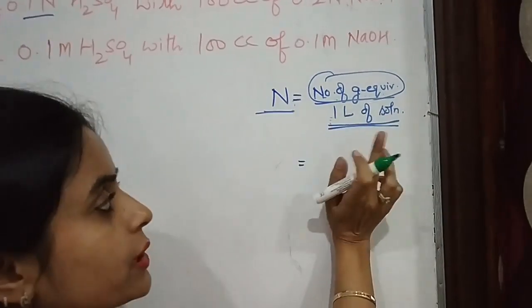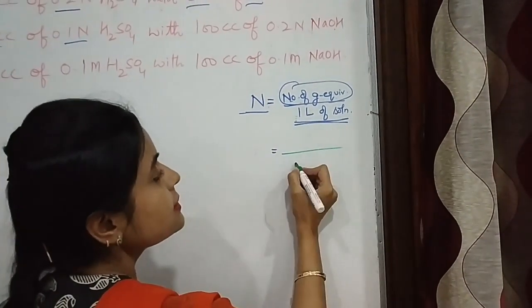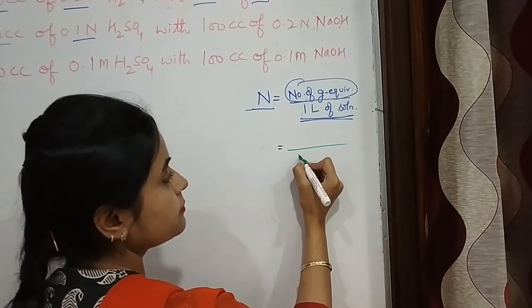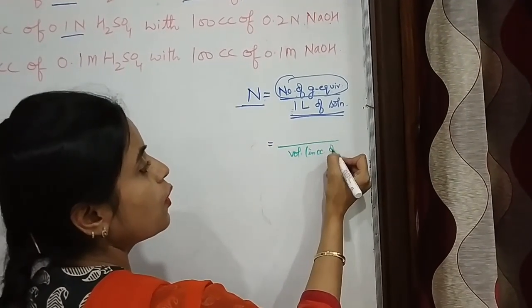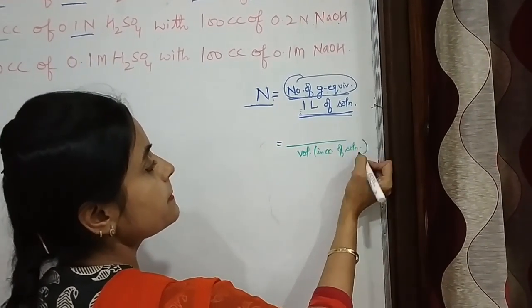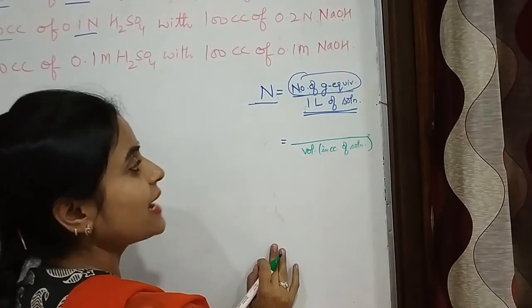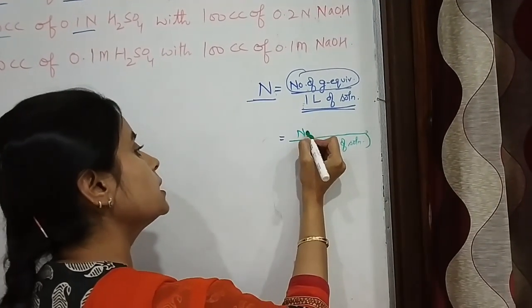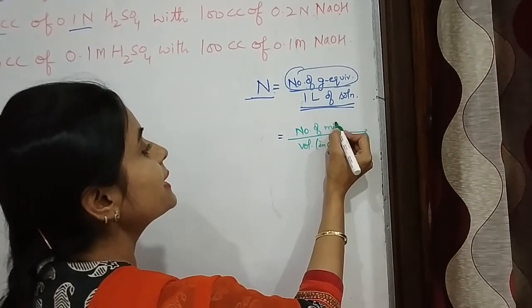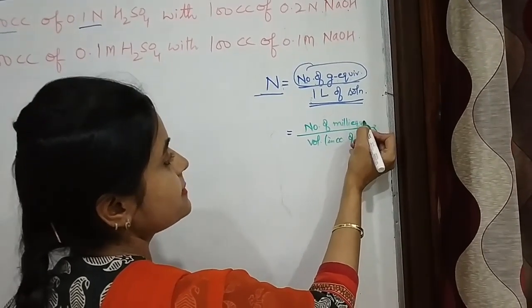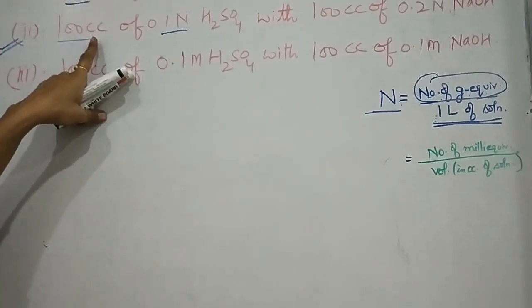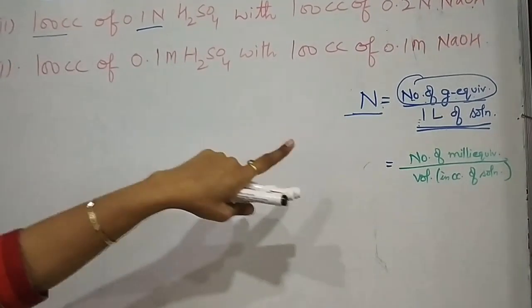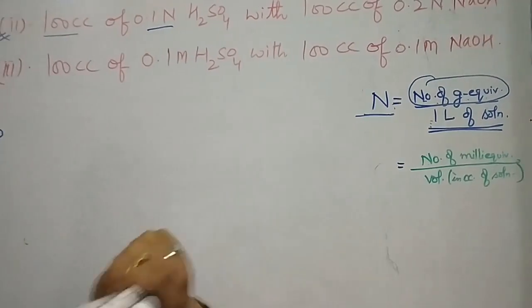When volume is not in liters, it is in cc of solution, then this number of gram equivalents is replaced by the term number of milli equivalents. Now in our question, the volume is in cc. That means we find out number of milli equivalents.